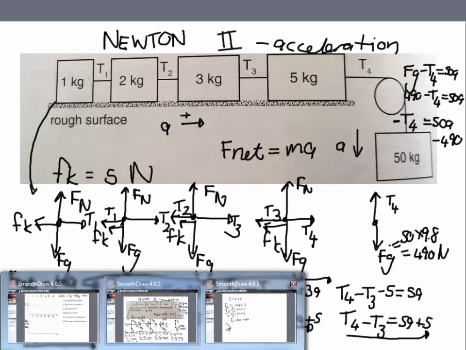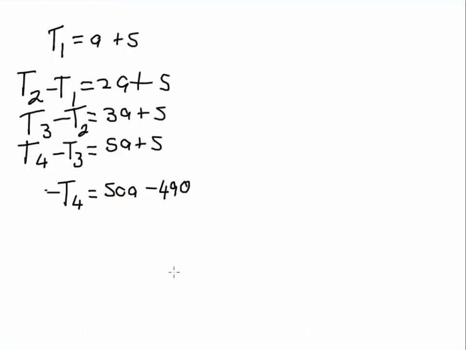Let me just double check. Yes. Okay, now what I need to do is solve this. T1 minus T1 gives me 0. T2 minus T2, 0. T3 minus T3, 0. T4 minus T4, 0. So on the left-hand side, we actually just have 0.